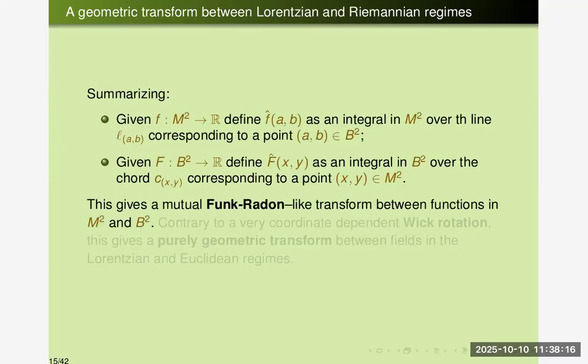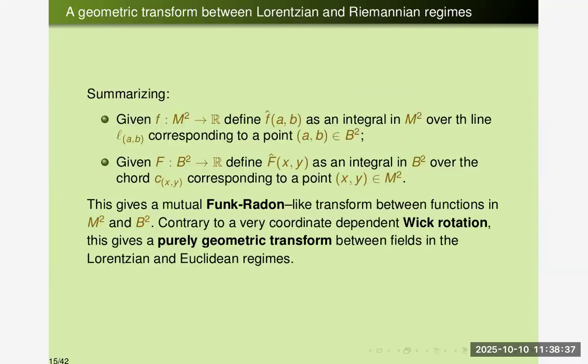So this gives a modular Funk-Radon transform between functions in M2 and B2. And contrary to a very coordinate-dependent Wick rotation that transforms fields from Lorentzian to Riemannian, this is a very geometric transform. So that's the first message, that you can use this gadget to transform fields from Lorentzian to Riemannian regime and the other way around. Okay?